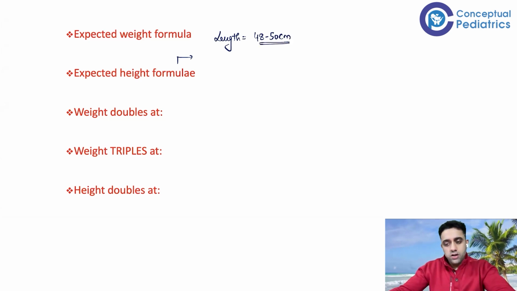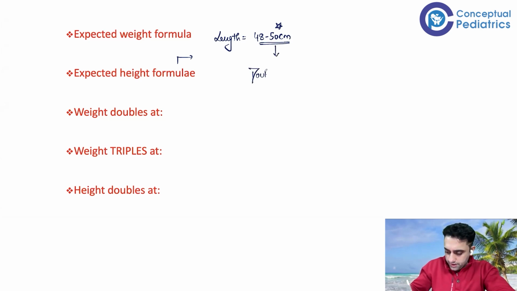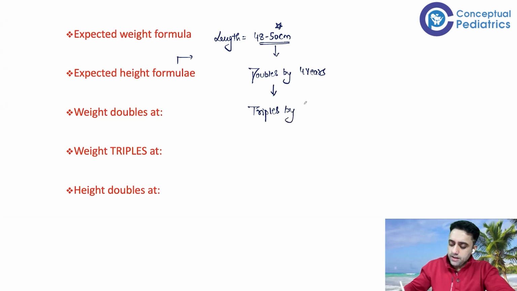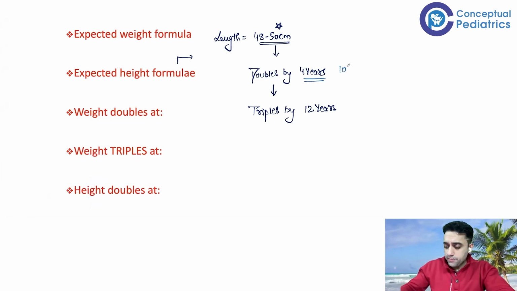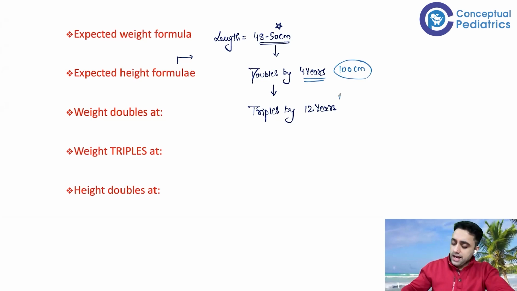We'll take one number: the normal length of a newborn baby is 50 centimeter. Remember always, length doubles by 4 years and triples by 12 years. That means the length of a newborn is 50 centimeter, at 4 years he will be 100 centimeter, and the height of a 12-year-old is 150 centimeter.